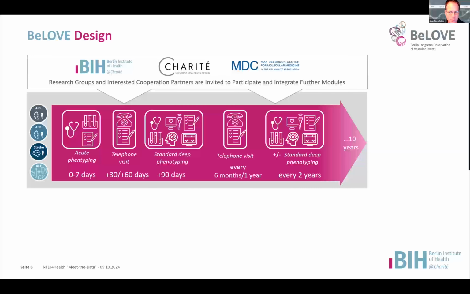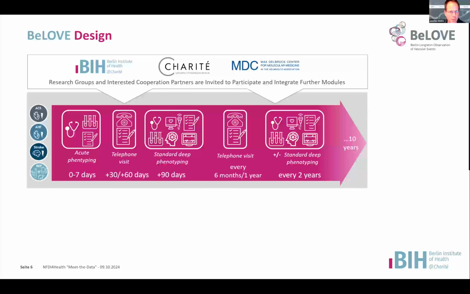These endpoints are collected by a separate working group from patients' data, from the hospital information system, but also from data from general practitioners, reports, registration offices, and death certificates, and are then adjudicated by an internal endpoint committee. In addition, we assess value-based outcomes, for example, PROMIS.